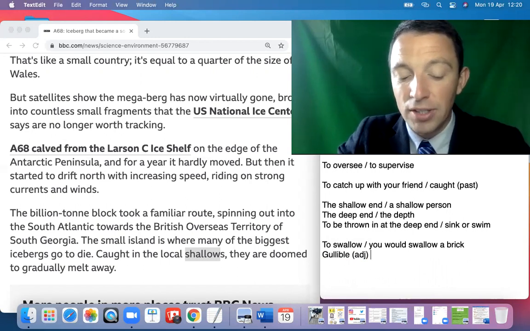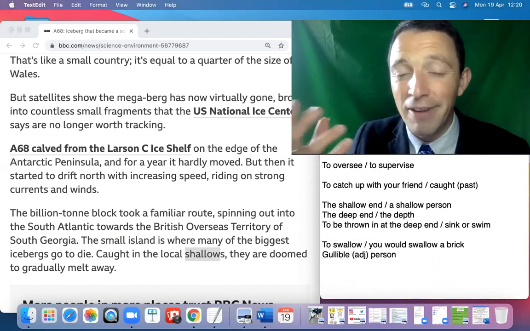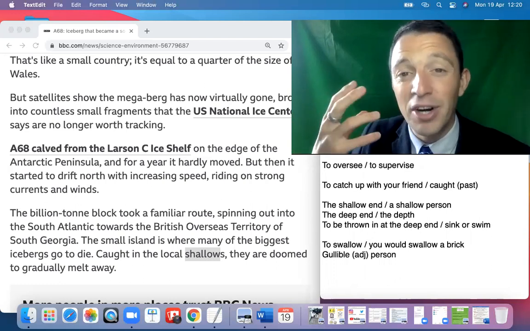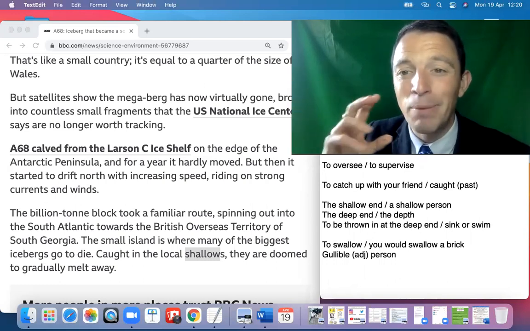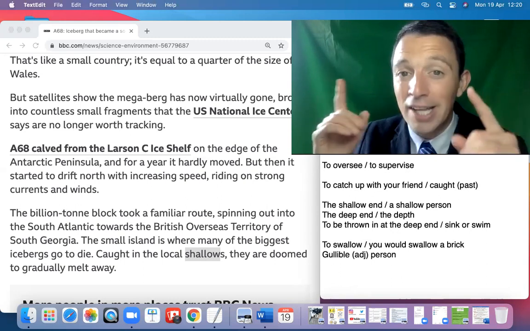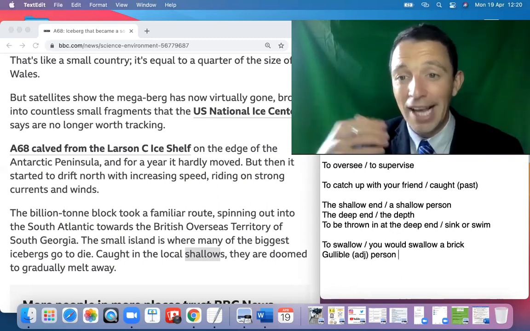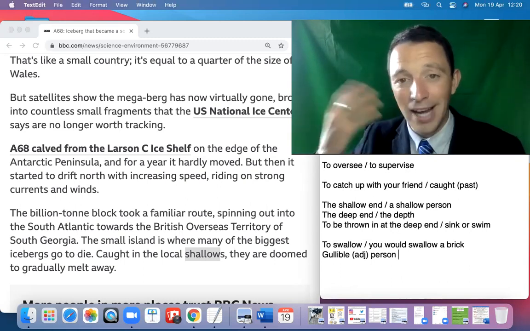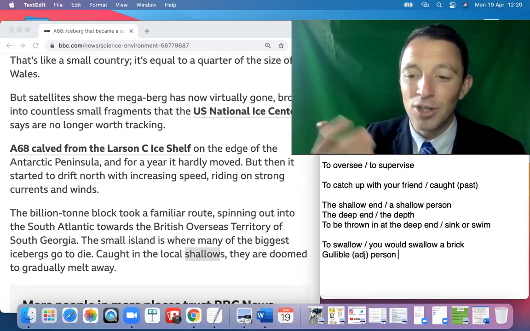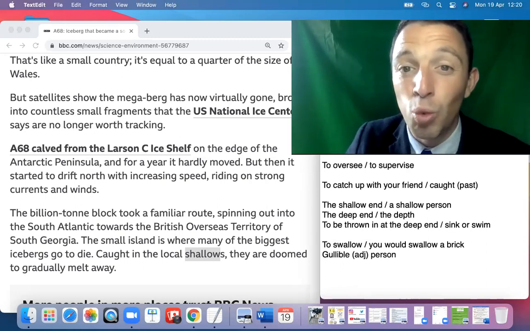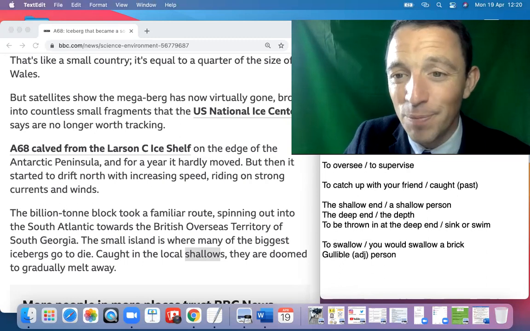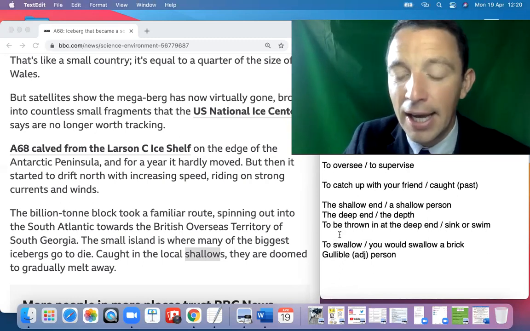Okay, a gullible person who would believe anything. The person normally believes everything, even when it's a lie. So the person would say, yes, oh, I believe you, and they would swallow anything. So to swallow a brick means you would believe anything or everything. Okay, it's very good vocabulary.